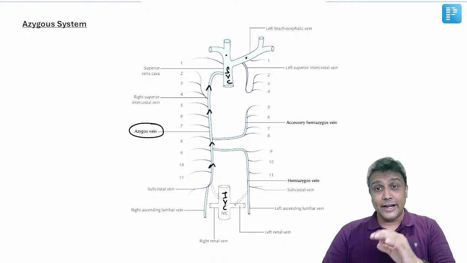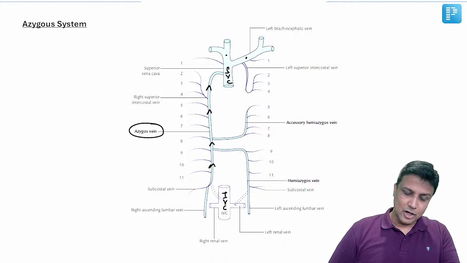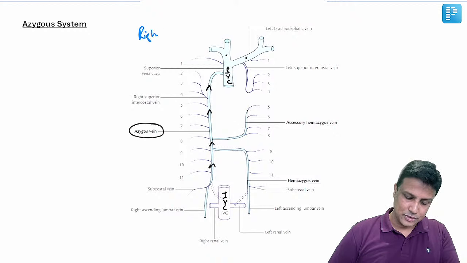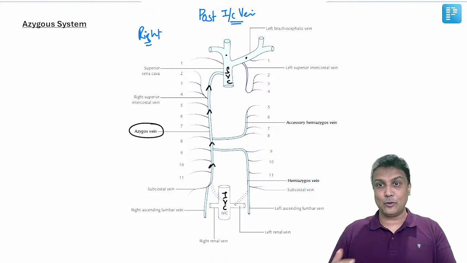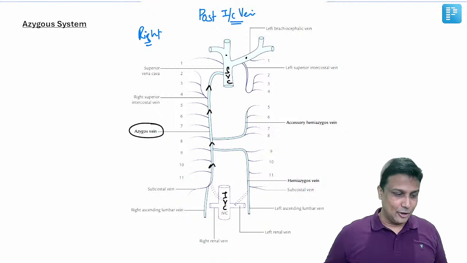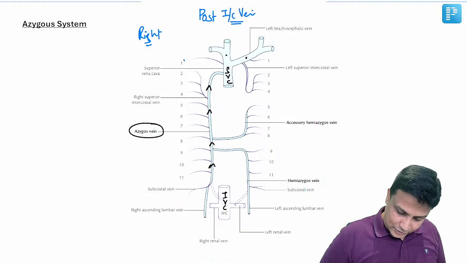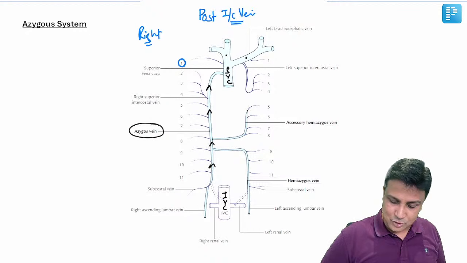Now what you have to learn here is, what about these veins on the right side? These veins are nothing but the posterior intercostal veins. On the right side, where are they going to drain? We got to learn about that. Now remember, the first vein on the right side is going to drain into the right brachiocephalic vein.